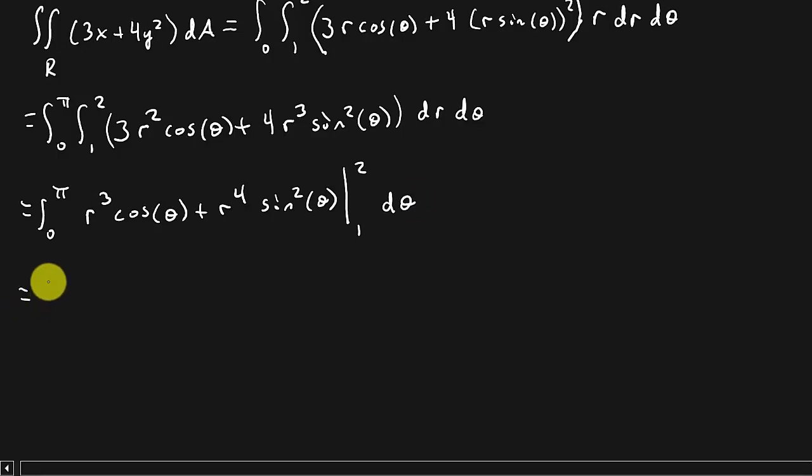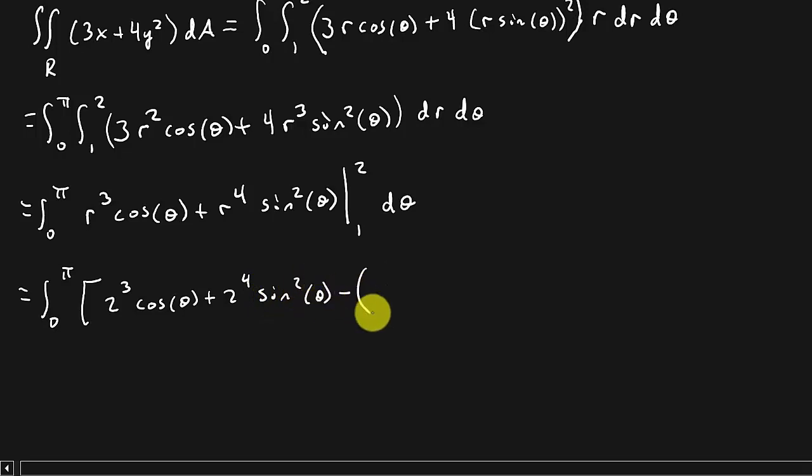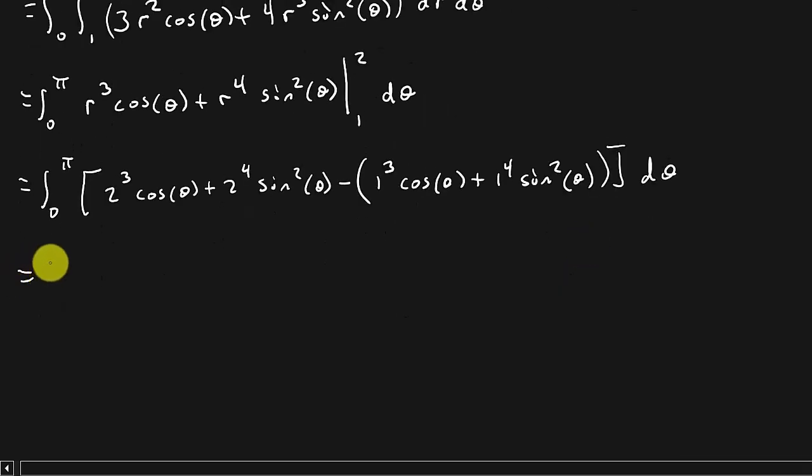What does that give me? 0 to pi of 2 cubed cosine theta plus 2 to the 4th sine squared theta, minus, since I plugged the 2 in for r, now I plug the 1 in for r, 1 cubed cosine theta plus 1 to the 4th sine squared theta, d theta.